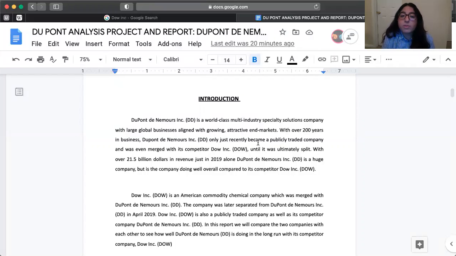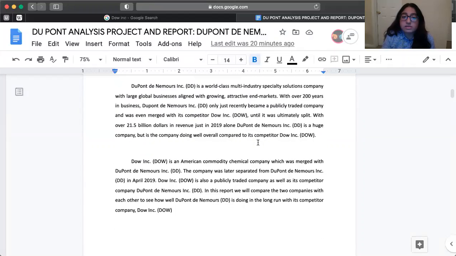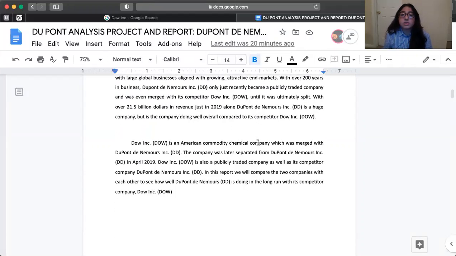Now, a little bit about Dow Incorporated is that Dow Incorporated is also a company, just like DuPont de Nemours, but it is an American commodity chemical company, which was merged with DuPont de Nemours. The company was later separated from DuPont de Nemours Incorporated in April 2019.